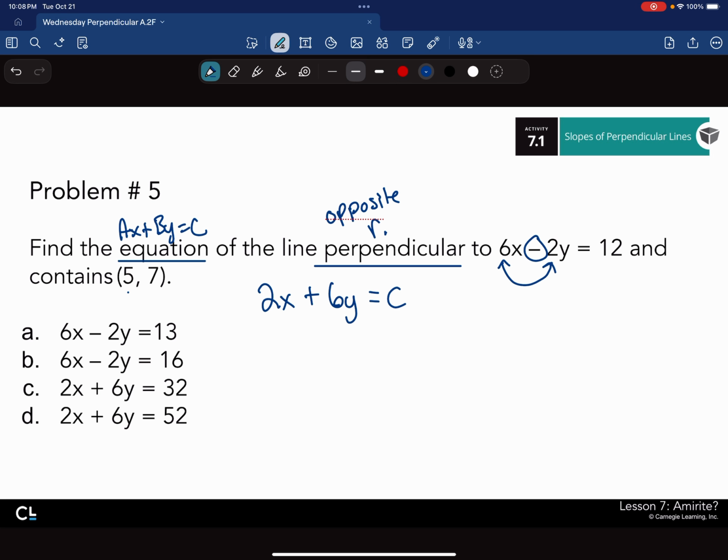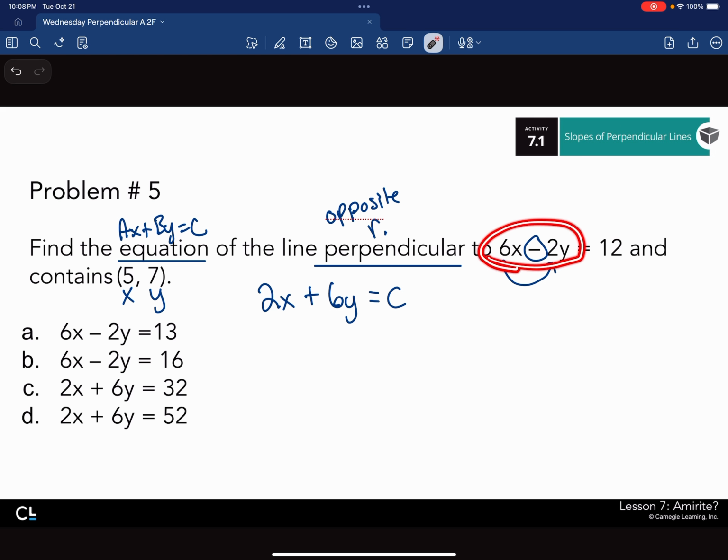Our point is 5 as the x value and 7 as the y value. So in order for us to find our new c value, we're going to have to plug those in. But before we do that, because we know perpendicular means opposite reciprocal, this is not going to stay the same. We should have crossed out A and B.